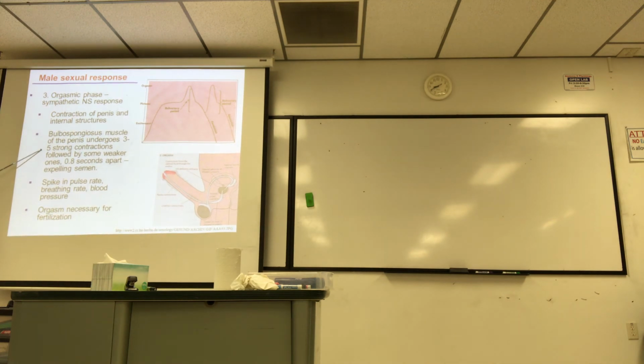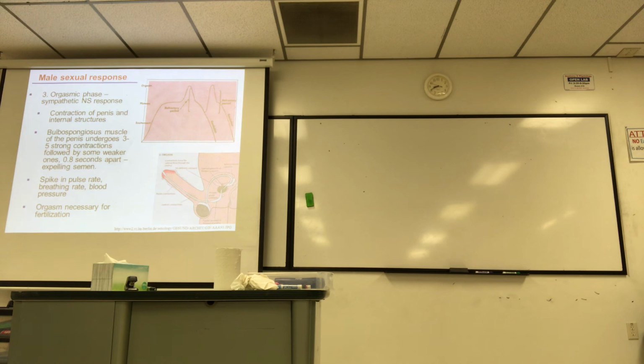There's maybe 3 to 5 strong contractions followed by weaker ones, about a second apart, and you see a spike in cardiology. Remember, in males, orgasm is necessary for fertilization because the ejaculate contains the sperm, and the number I gave was something like 20 to 100 million per mL. Okay, that's kind of what we see in a normal male to be fertile.